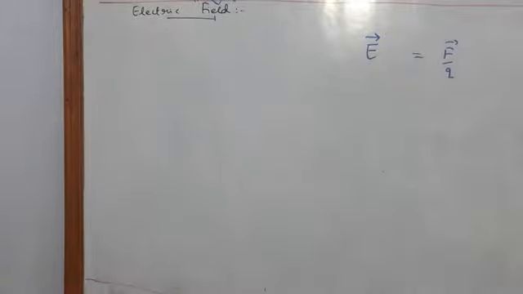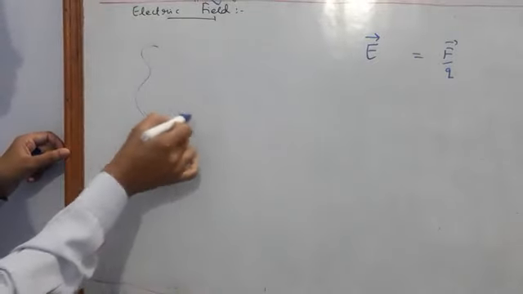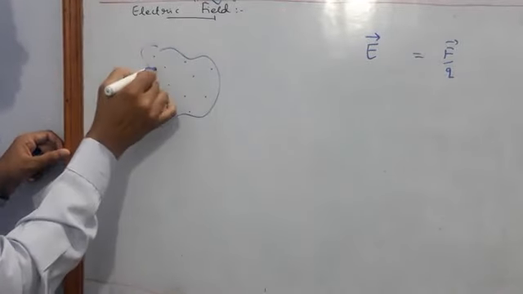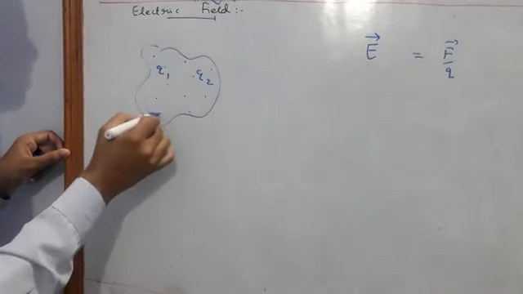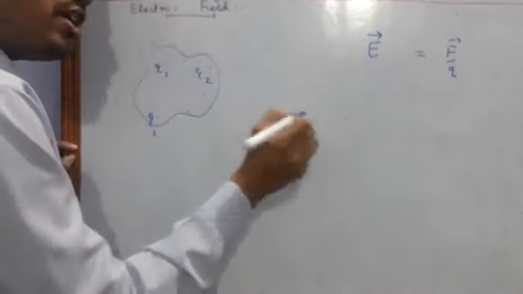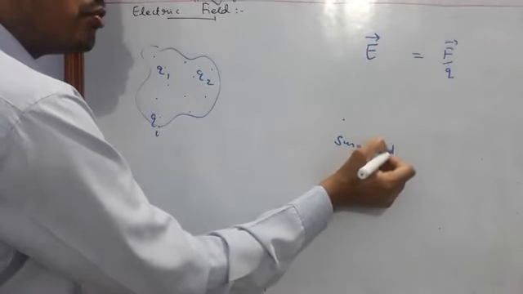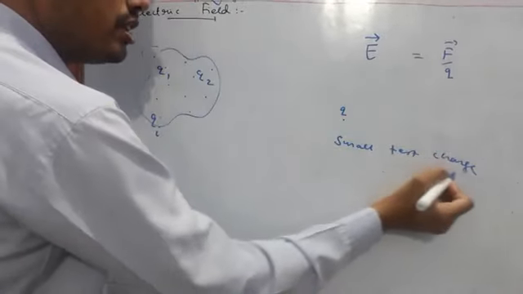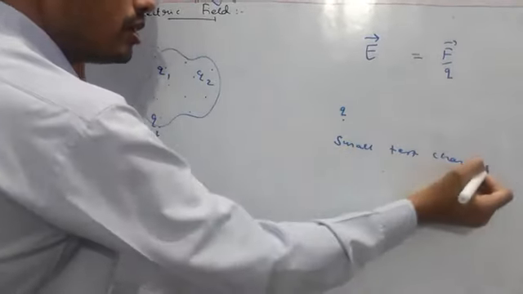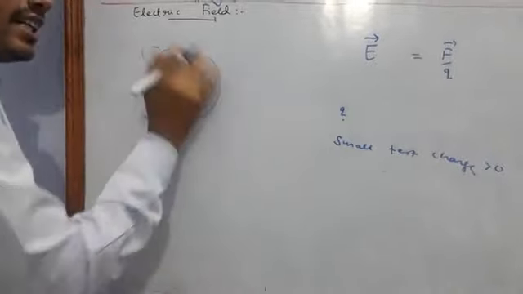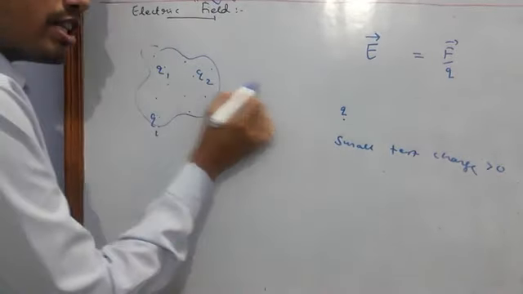Now here I discussed one charge. In fact, this definition holds true for any configuration of charges. For example, if we have a system of different point charges q1, q2, q3 and so on, qi, and we bring a small test charge which we write as q, and this test charge is positive, then for this entire system, from the principle of superposition, we can find the net force on this.